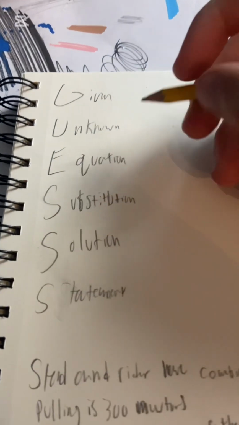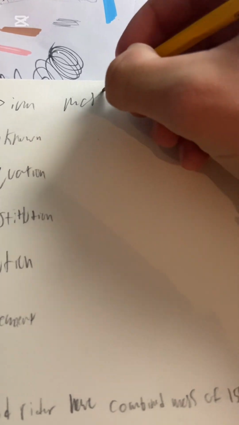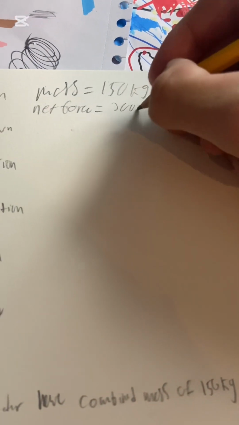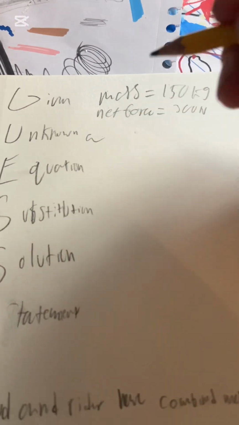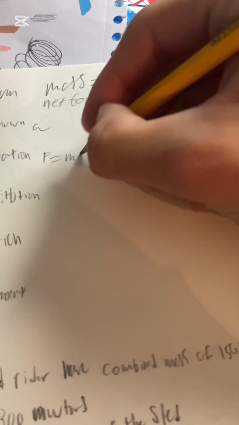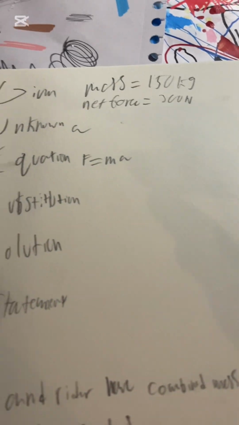So the mass is equal to 150 kilograms, net force is equal to 300 newtons. Our unknown is acceleration. Our equation is Newton's law, F equals ma, which equals mass times acceleration.